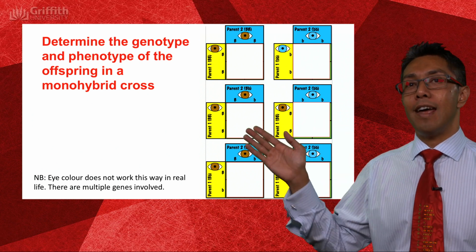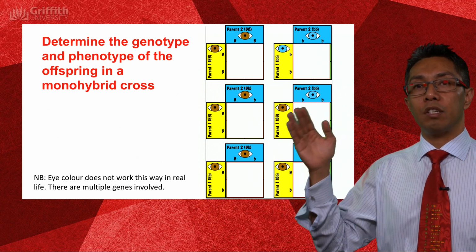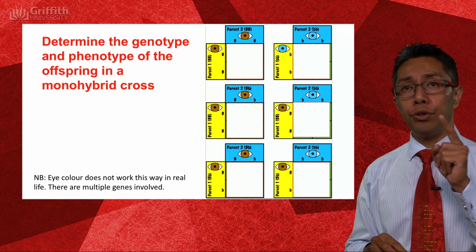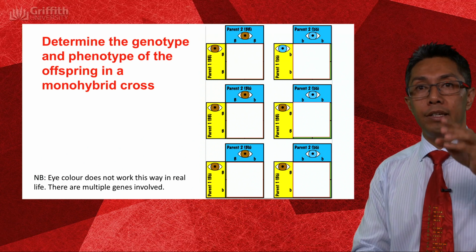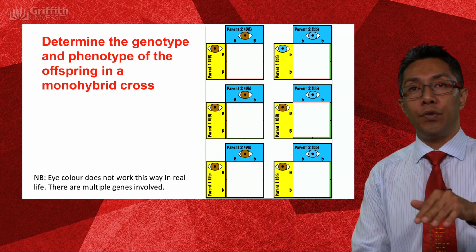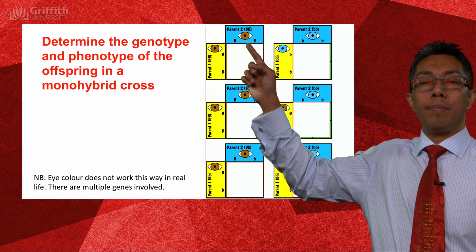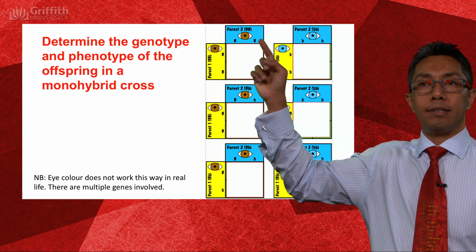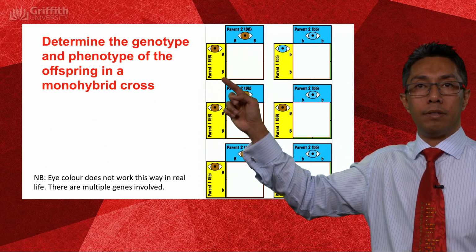Now, what you see here are a whole bunch of Punnett squares that I'd like you to have a go at. I'm going to talk you through the first 2 crosses, and then I want you to have a go at doing the next 4. In this first example, we've got a brown-eyed parent, so 2 dominant genes, homozygous dominant.